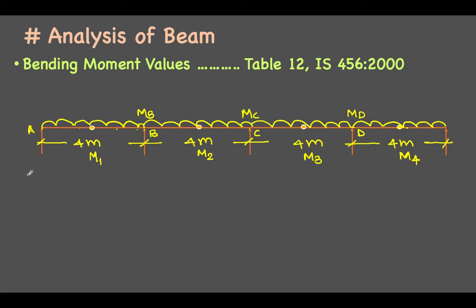So moment M1 should be equal to M4, and I'll consider this as Mu1. What coefficients do we have? First we write alpha d as the coefficient for dead load.